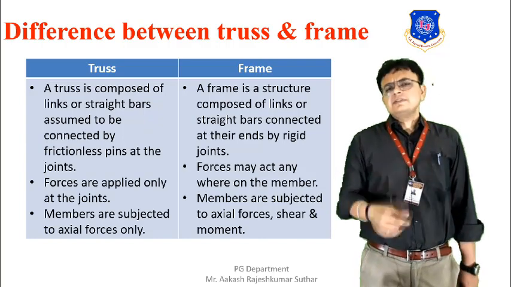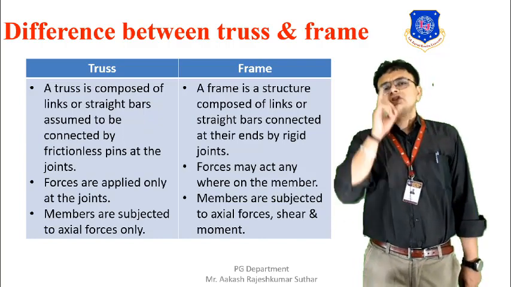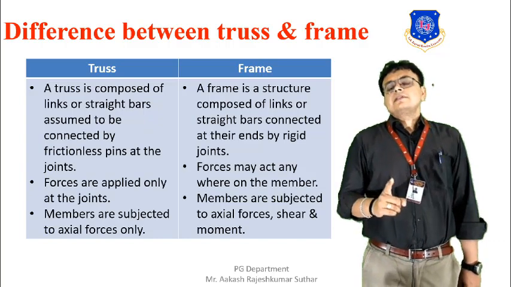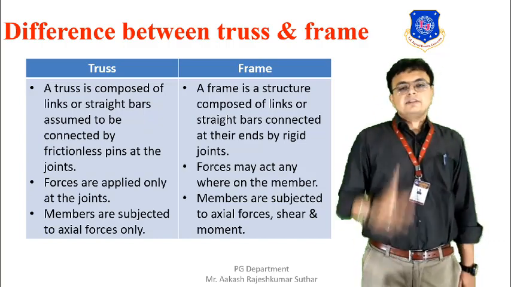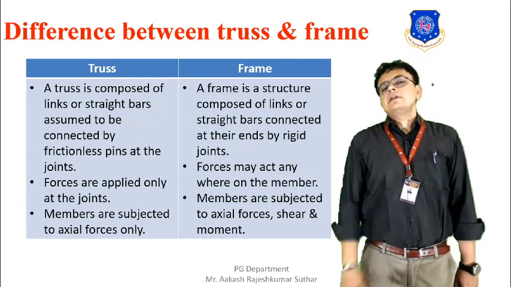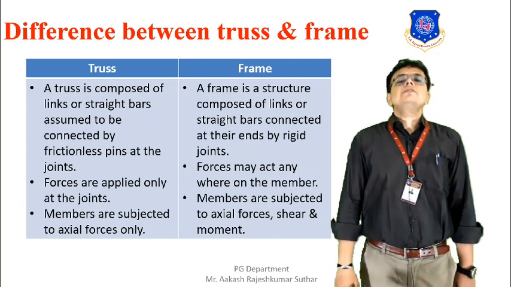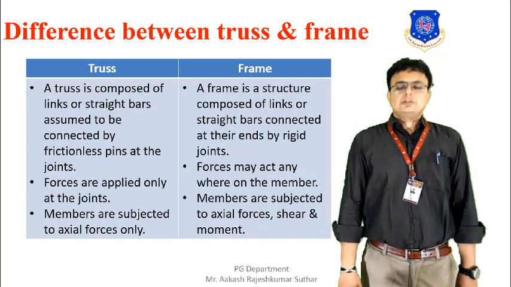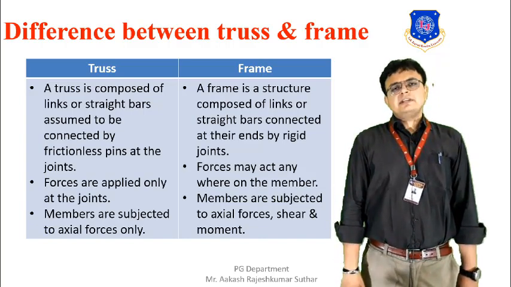Because of these rigid joints, there will be the occurrence of moment in the frame. But in a truss, all the joints are pin joints, so there is no possibility of moment. So this was the first difference between the frame and the truss.